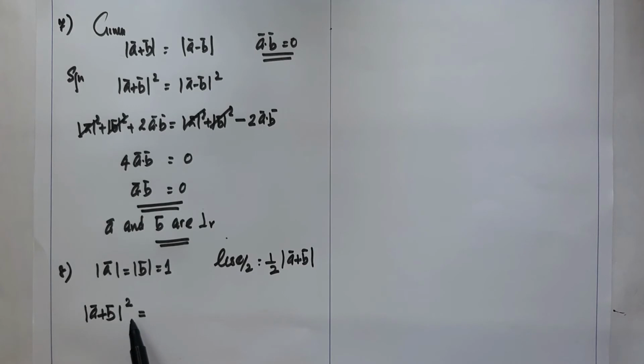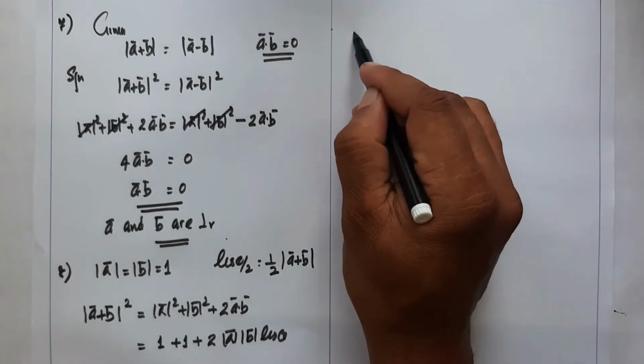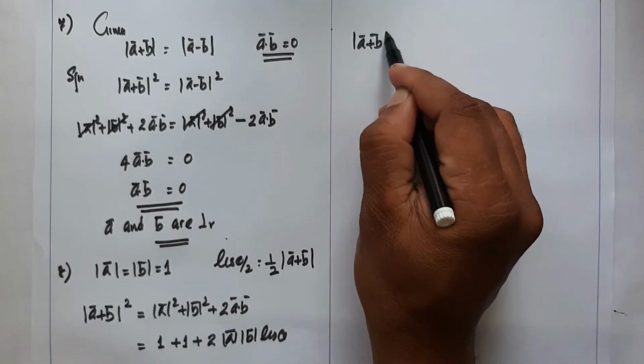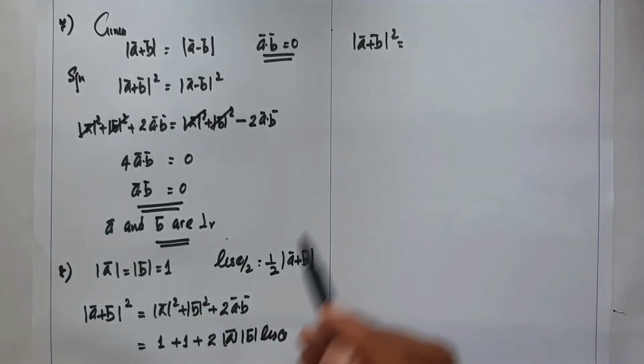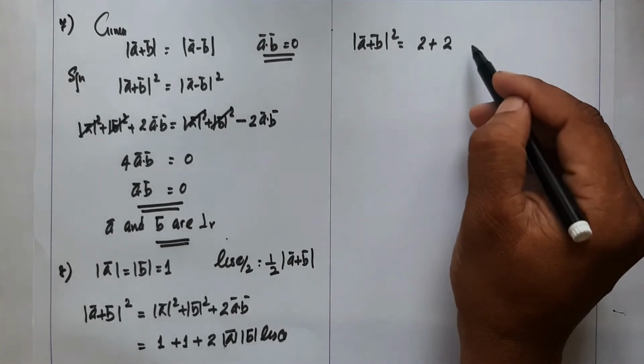When we square, we get mod A square plus mod B square plus 2 A dot B, which is equal to, mod A is 1, mod B is also 1, plus 2 into A dot B. By definition, A dot B is mod A into mod B into cos theta. That is, modulus of A plus B square is equal to 1 plus 1 plus 2 into 1 into 1 into cos theta.